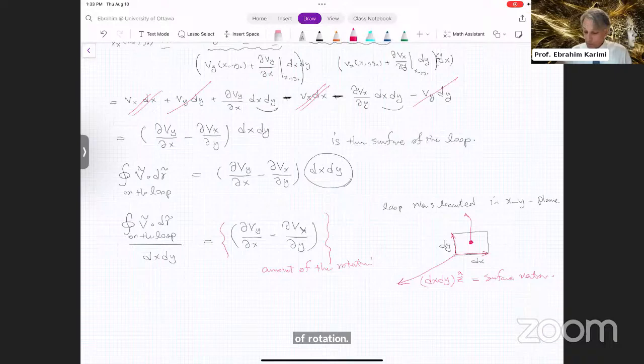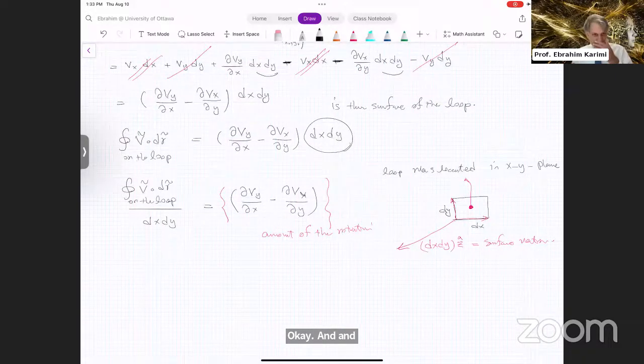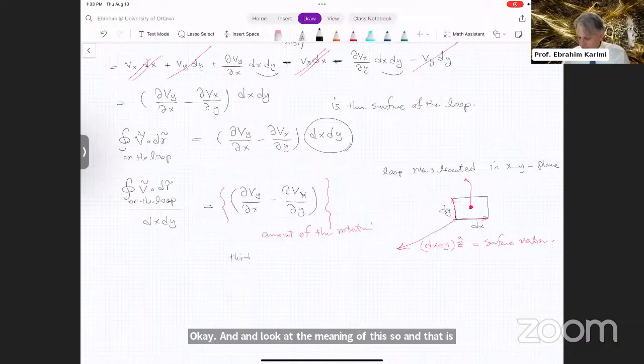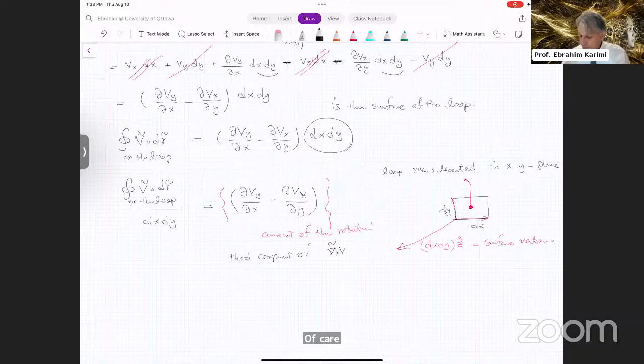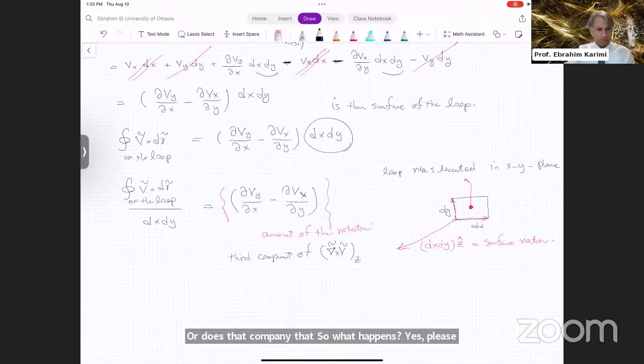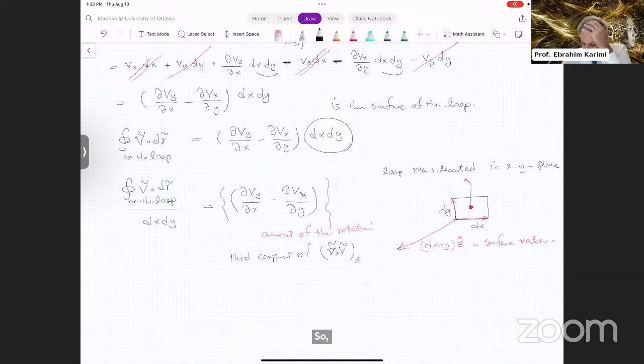Okay. Look at the meaning of this. That is the third component of the curl of V, or the z component of the curl of V. So what happens indeed?